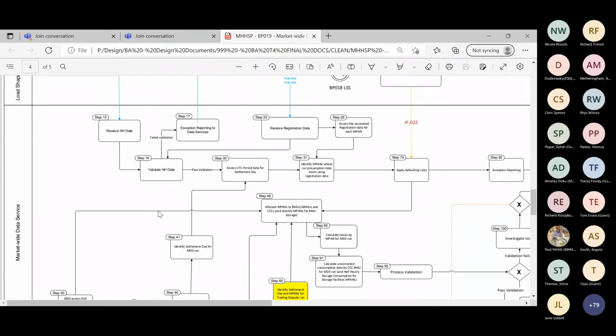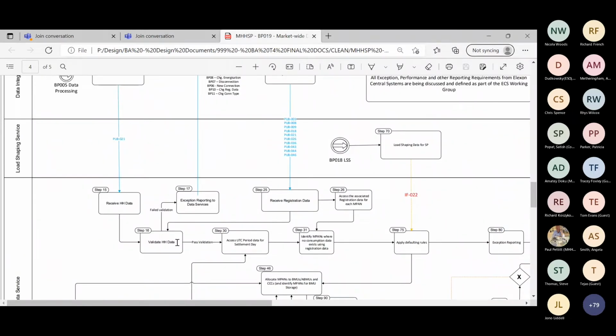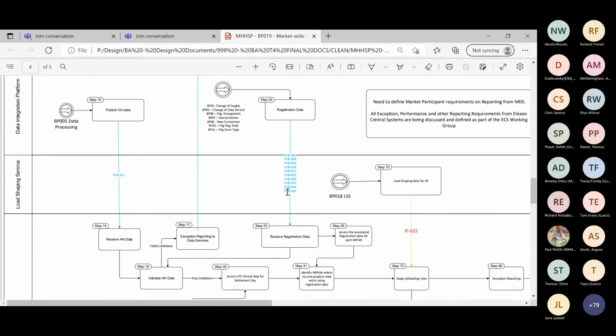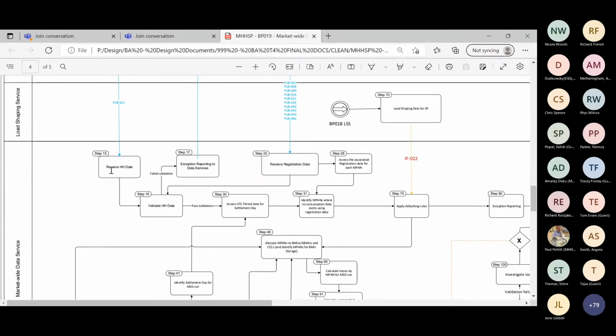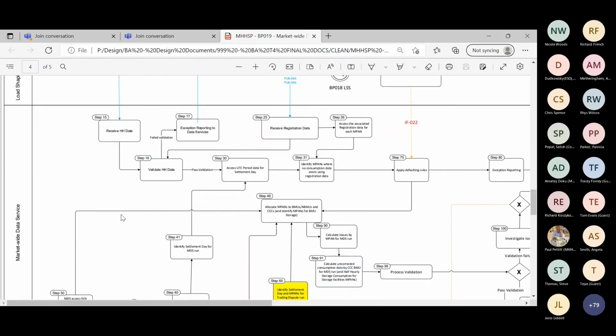In the method statement, there is the detail of those validations that are expected. In undertaking those validations, it is also using the registrations data associated with each metering point, so it can match up the metering point data and the associated registration data for the UTC date which is being processed.